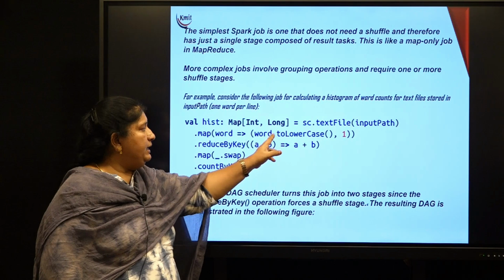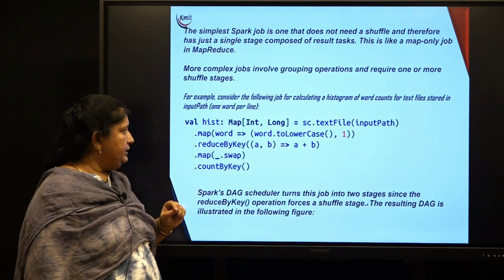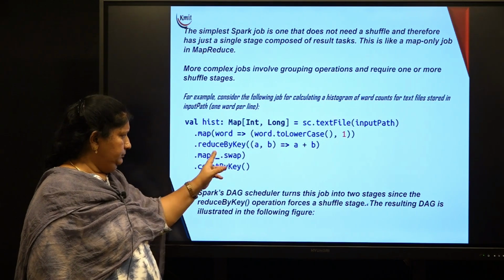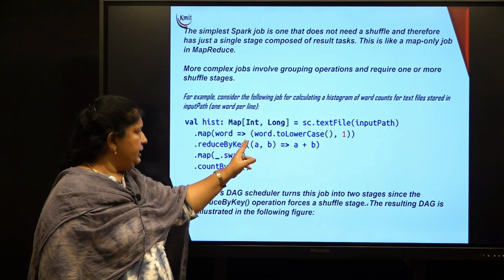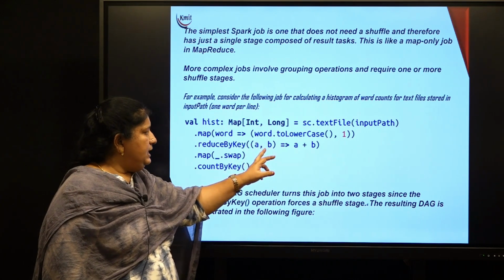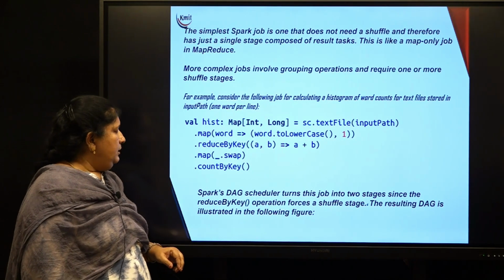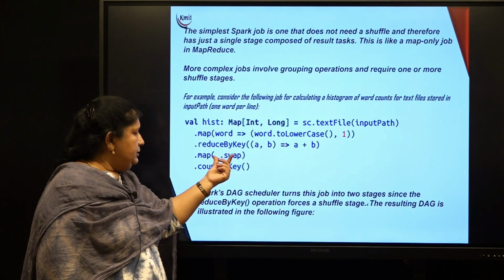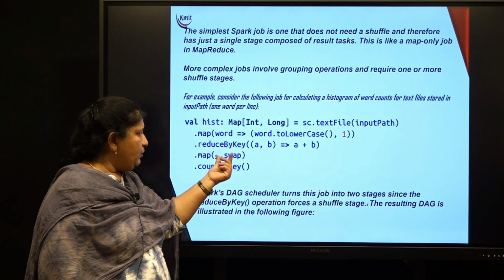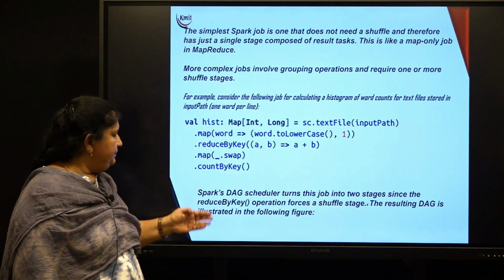The words have been converted into lowercase, and for every occurrence you are showing the value as 1. What are we trying to do? We are trying to reduce by the key value. Wherever the key is matching, you are trying to find out the sum of the values, and then, if at all any swapping is required, we are doing it for sorting and count by the key value.